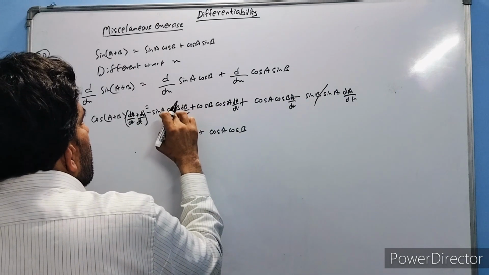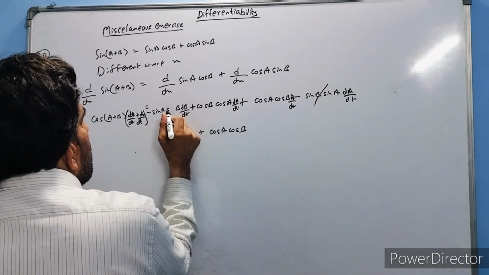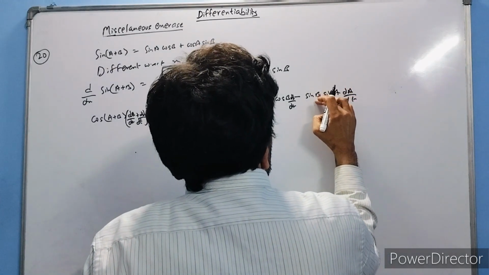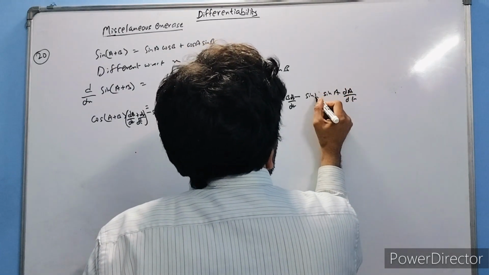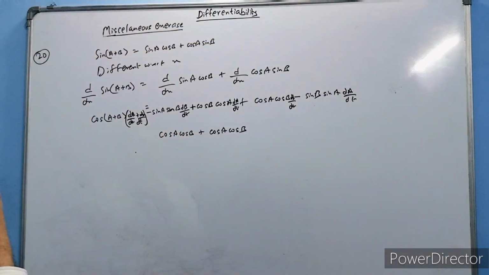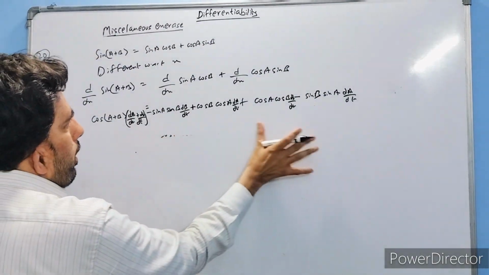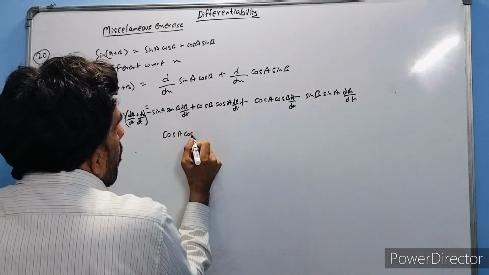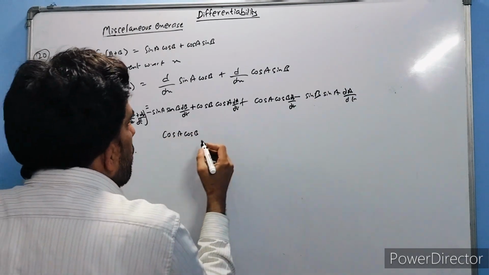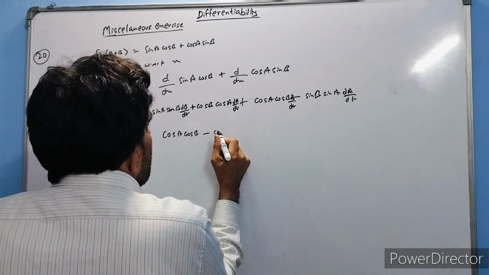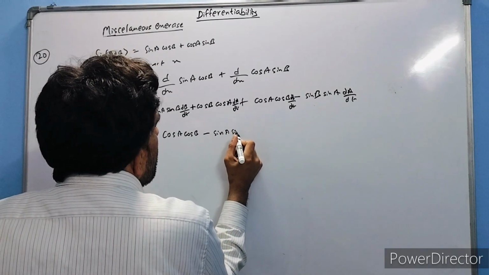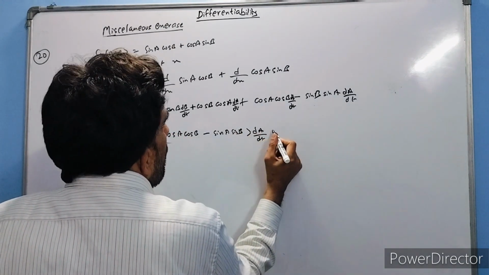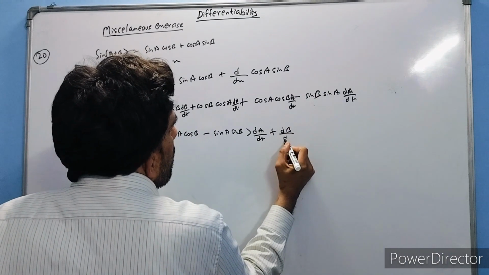So now what we can do here: we know that we have cos A cos B minus sin A sin B, times dA upon dt plus dB upon dt.